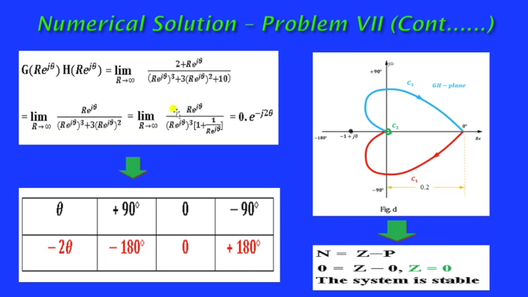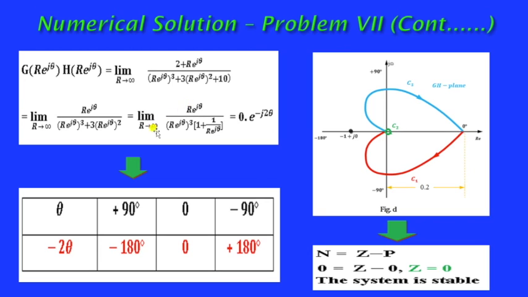Then common from this side (r e^(j theta)) cube. Then we get 1 plus 1 by r e to the power j theta. Then put r tends to infinity, then this result is 0. Then we get r e^(j theta) divided by (r e^(j theta))^3.